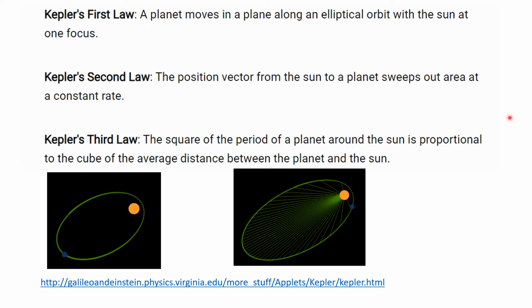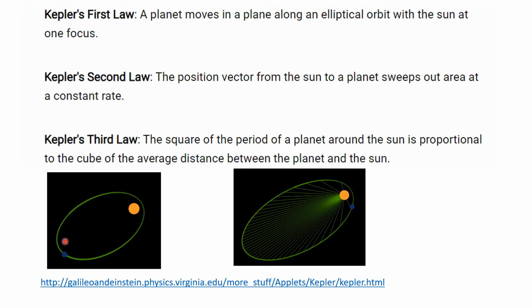Now here are some little pictures showing some of this stuff. So here you see the elliptical orbit around the orange sun, and this could be the Earth, although the Earth doesn't have quite that eccentricity. Most of the eccentricities are more close to a circle.